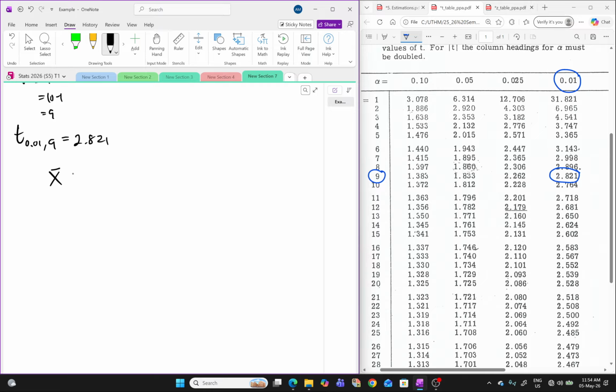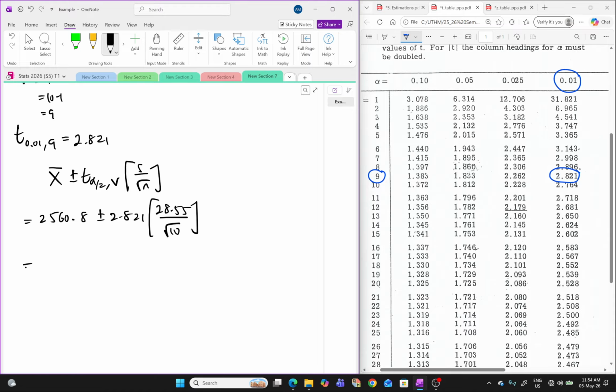What was the formula just now? X bar. Calculate this, let me know what is the interval you get.